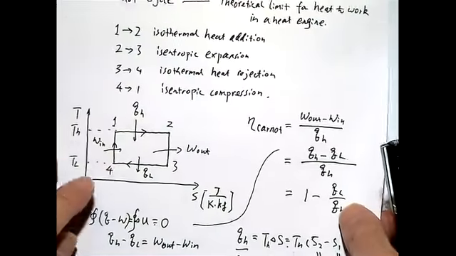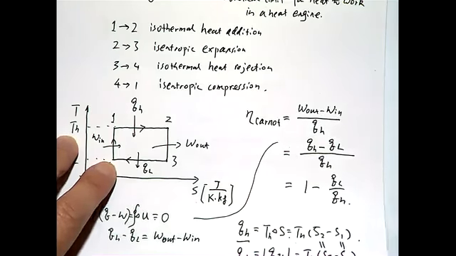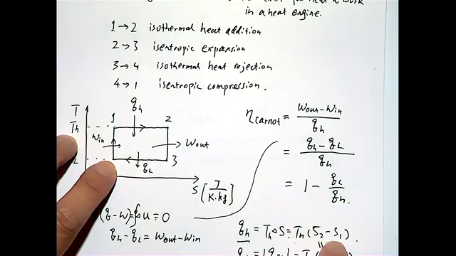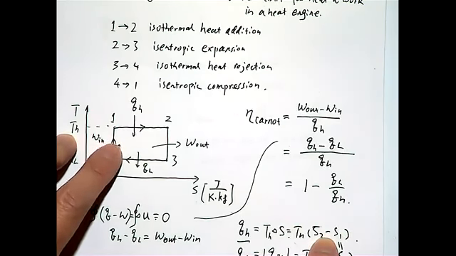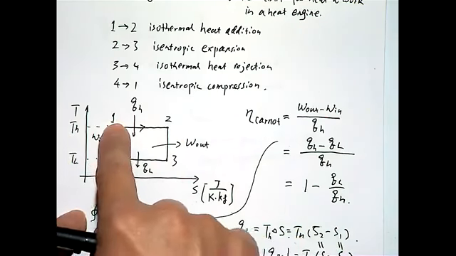As we said, the heat addition from the high temperature reservoir can be written as TH times delta S. This product corresponds to an area on this TS diagram, so this is TH times S2 minus S1.